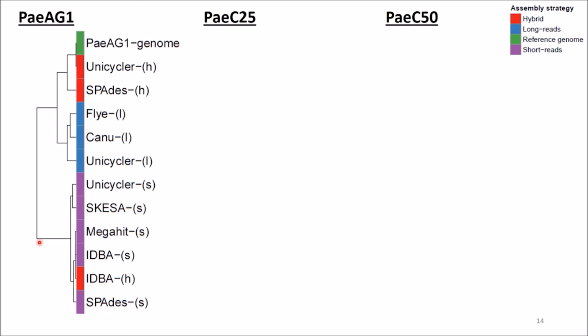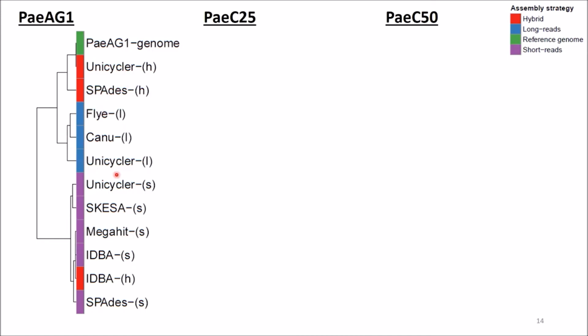And here we have the results for AG1, in which a specific group was identified for the final assembly or the reference genome in green, with Unicycler and SPAdes both with a hybrid mode. In fact, Unicycler has SPAdes as an internal algorithm.